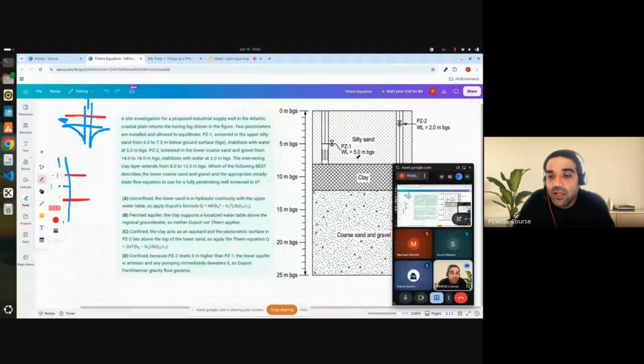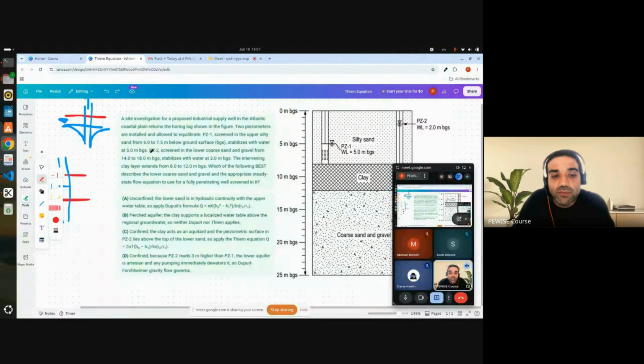Okay, so let's look at PZ1 first. You have a sand layer here, and when you put the well, the water table stabilizes here. That suggests this is the water table in the soil.